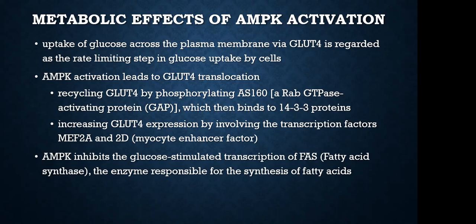AMPK activation leads to GLUT4 translocation, recycling GLUT4 by phosphorylating AS160, which then binds to 14-3-3 proteins, increasing GLUT4 expression by involving the transcription factors MEF2A and 2D, myocyte enhancer factor.